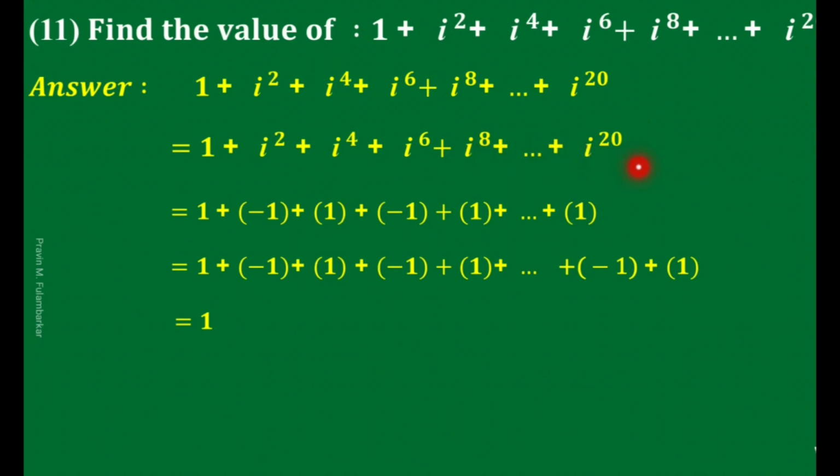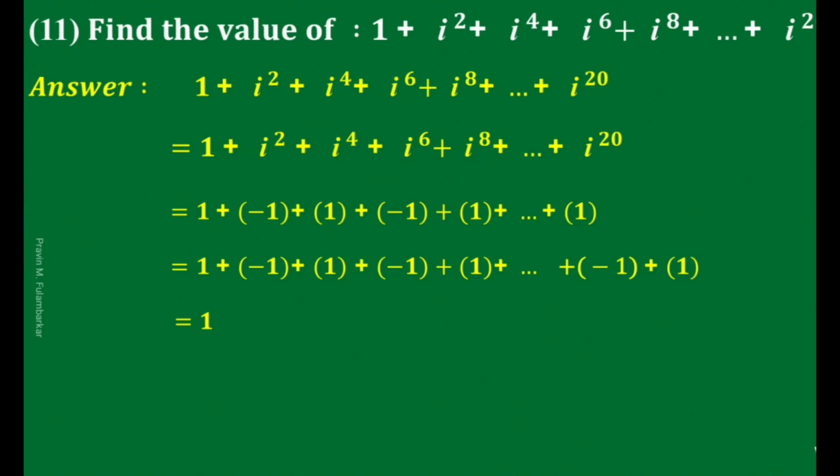In this way you can write the next values. I am not writing that in the form of i raised to the power 4 into i raised to the power 2, because we calculate the values greater than 8. You can find this value yourself easily.